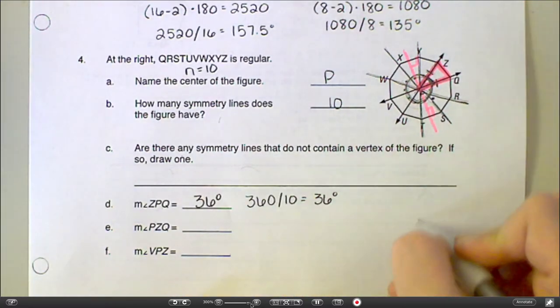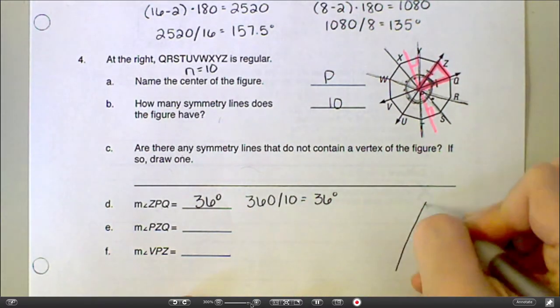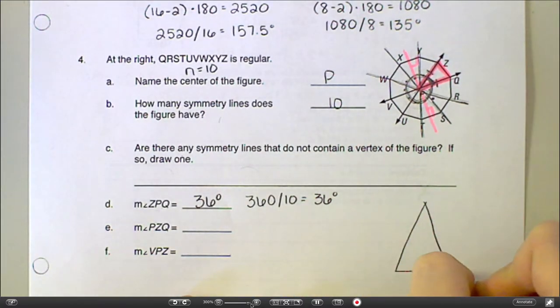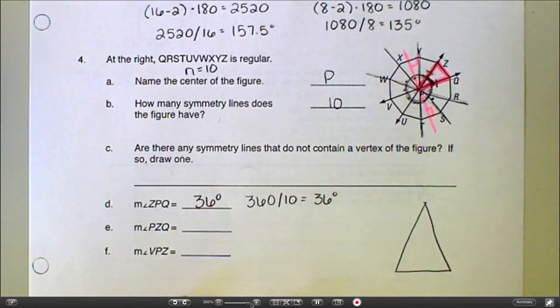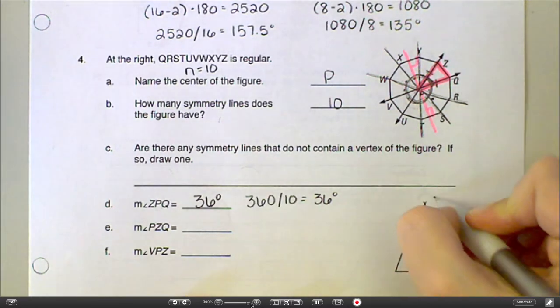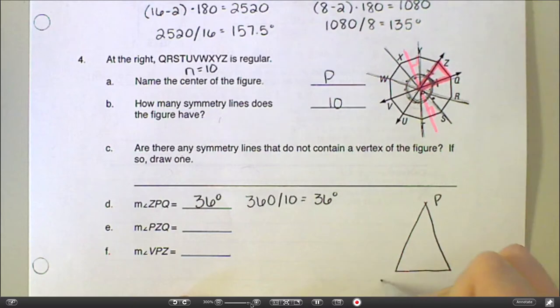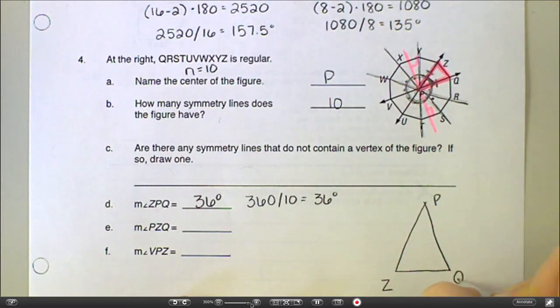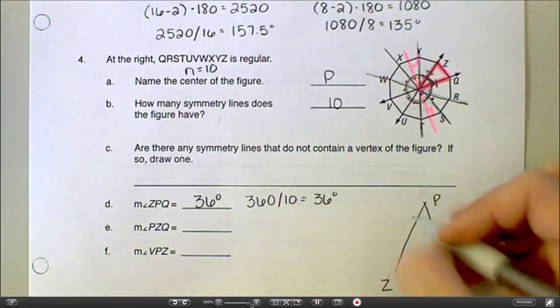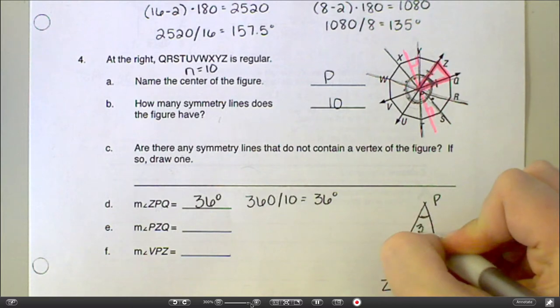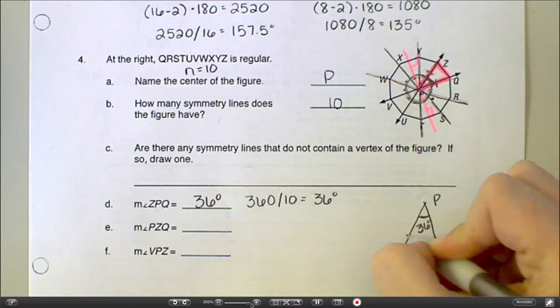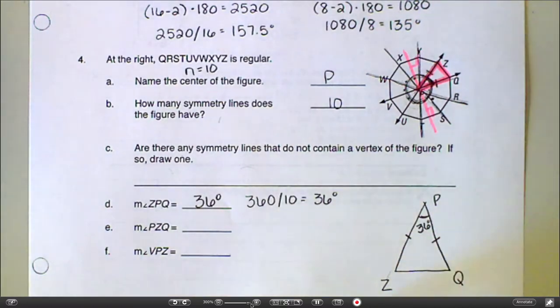So really what I'm looking at now, just drawing that triangle separately. What do we call it? The center is P, so this would be P. And then here's Z and Q. And we know that angle ZPQ is 36. And we know these two are equal. So somebody talk to me about how we could find the other angles.